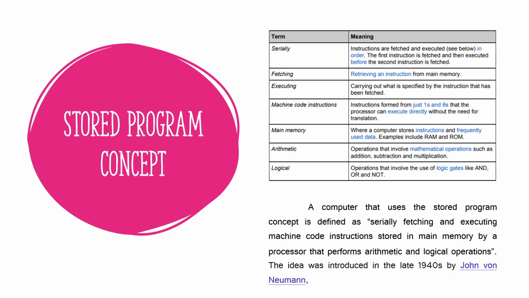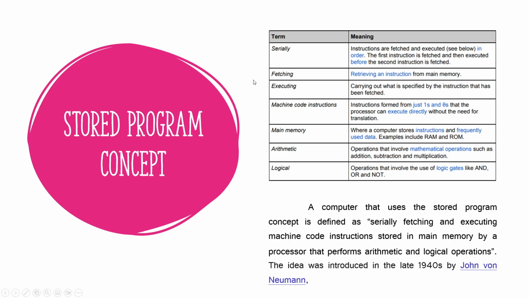So I have a table here just above the definition that explains some of the terminology used in this very complicated definition. So serially means instructions are fetched and executed in order. The first instruction is fetched and then executed before the second instruction is fetched and then executed.